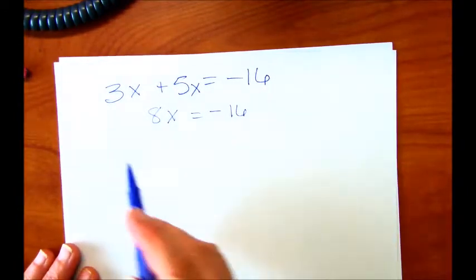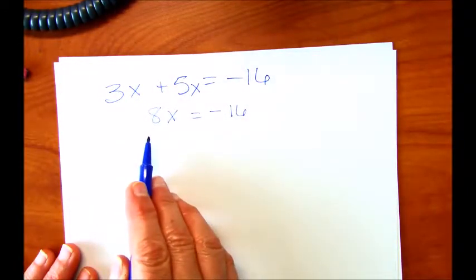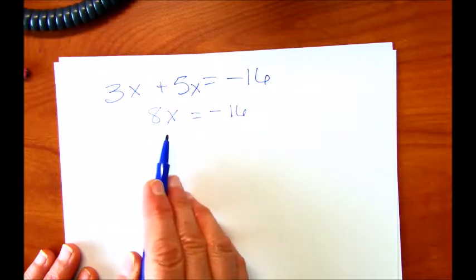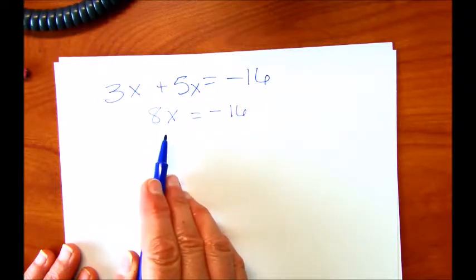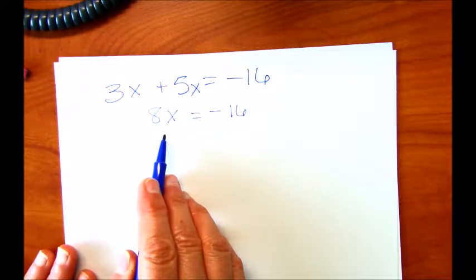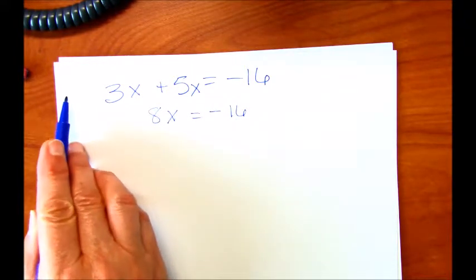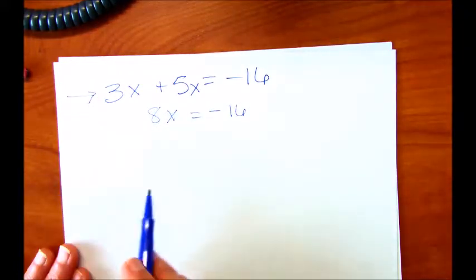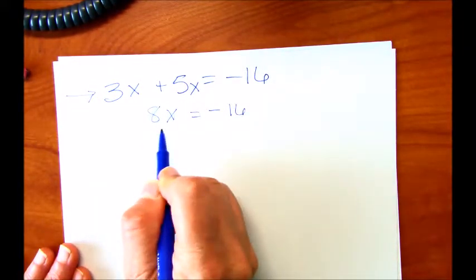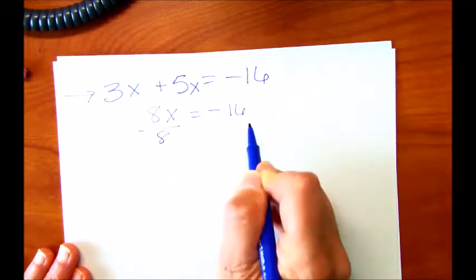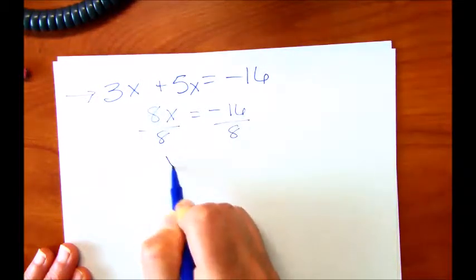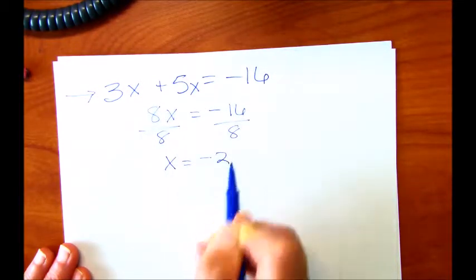Now we're not using multiple principles to solve for x, but this is an example of doing more than just using one of the principles. In this case we are combining like terms first, then we're going to divide by 8, and we'll get x equals negative 2.